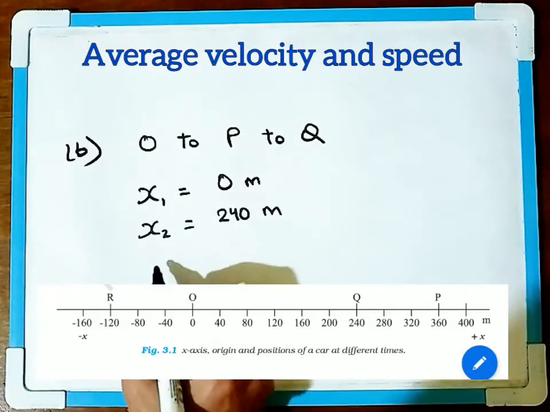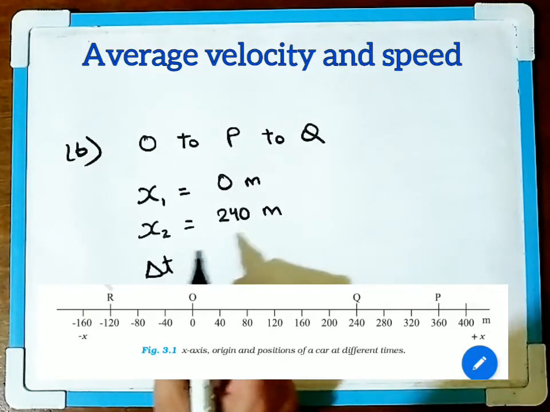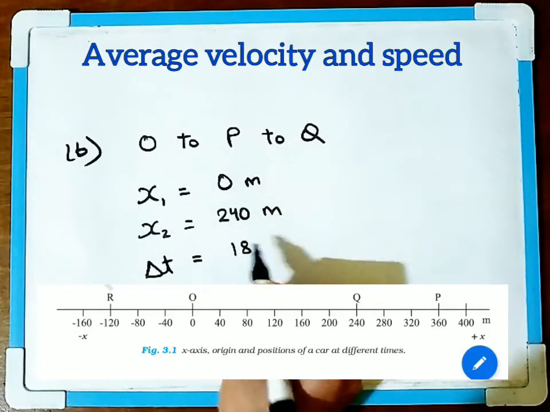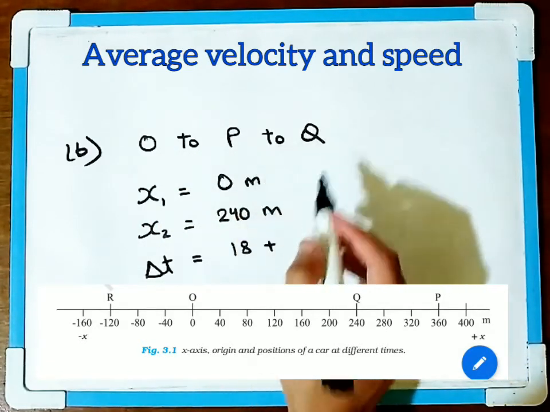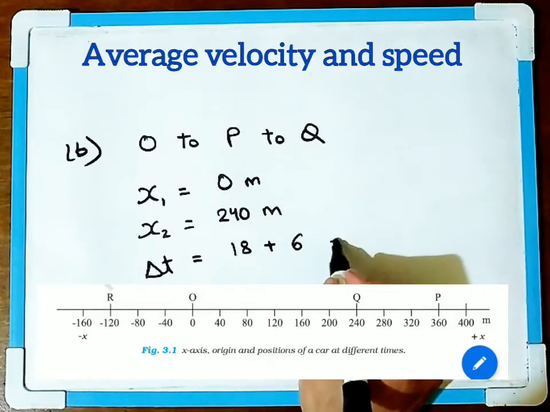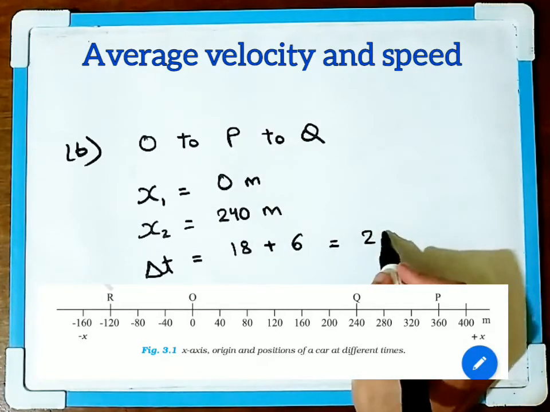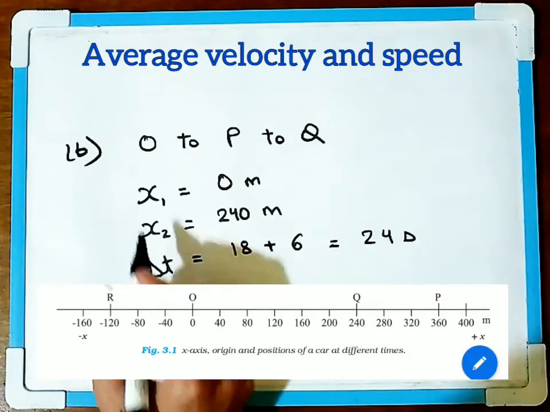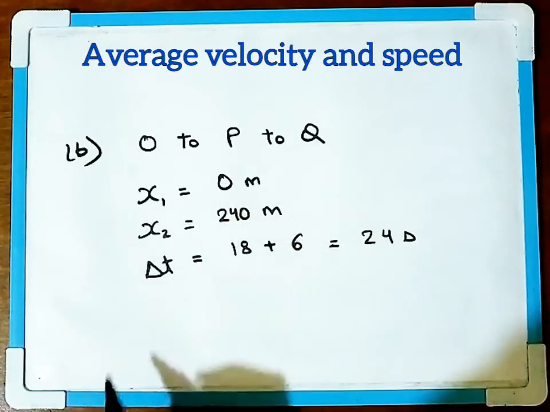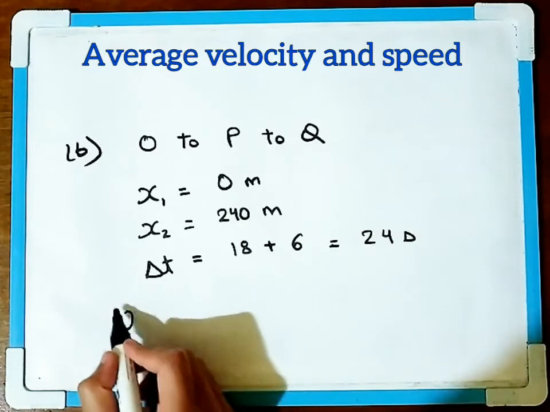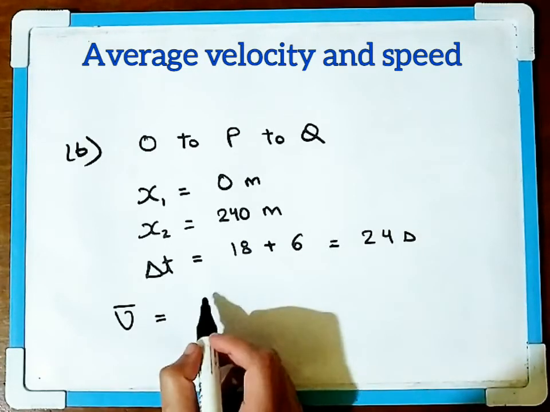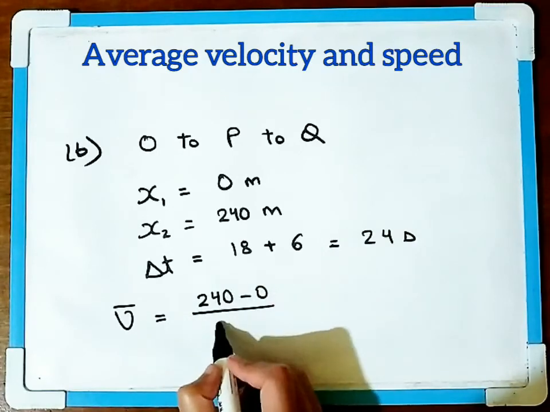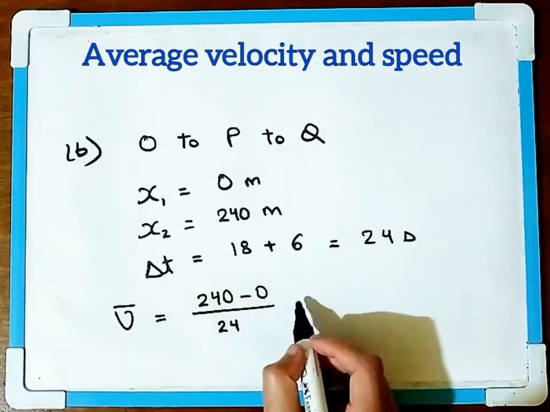So the time interval in this case, delta t, will be equal to, from O to P it's 18 and from P to Q it's 6. So the time interval here will be 24 seconds. So with this formula, we can calculate the average velocity, which is 240 minus 0 divided by the time interval delta t, 24.